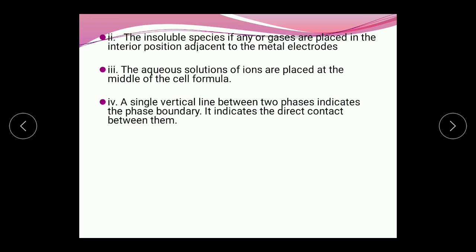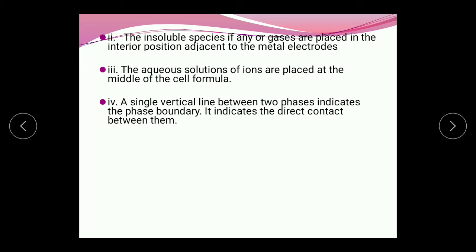What does it indicate? That single vertical line indicates the phase difference, because Zn is in solid state and Zn plus 2 is in aqueous medium. So the phase difference is indicated by that vertical line, and also it indicates the direct contact between them, because we are dipping Zn in Zn plus 2.